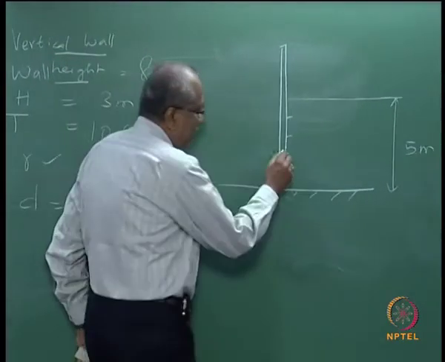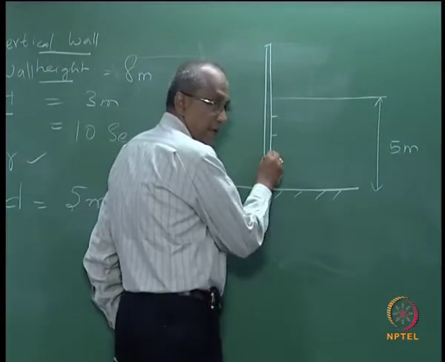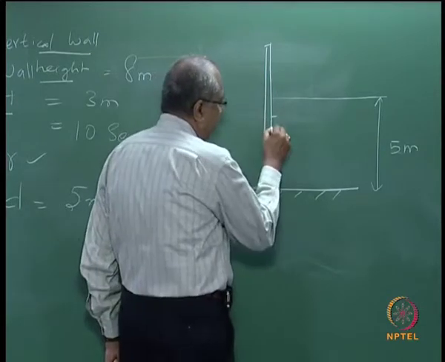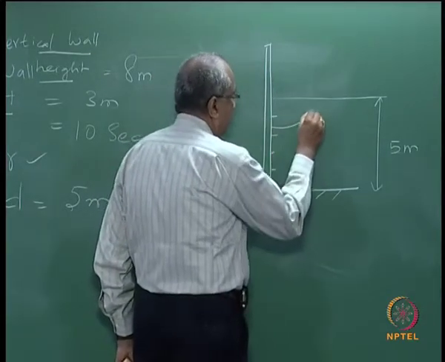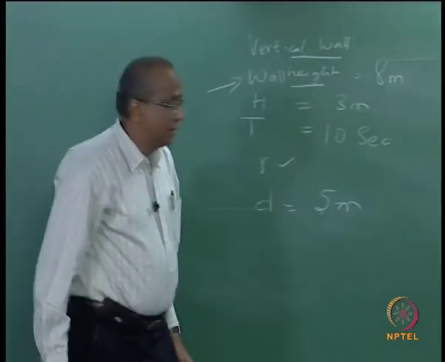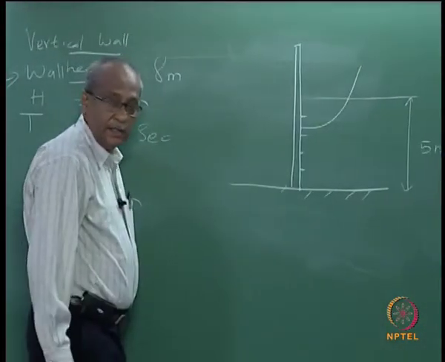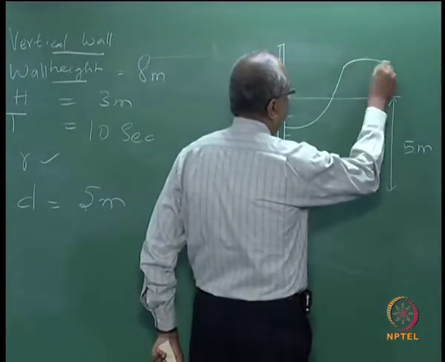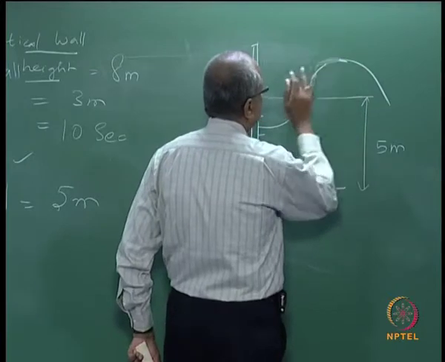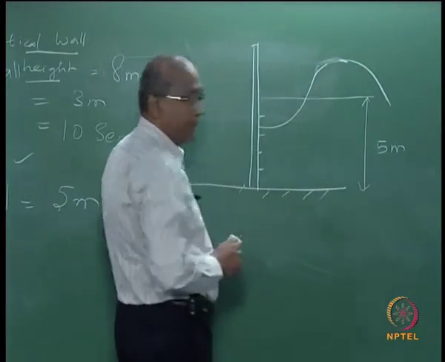Now you are going to have a wave height of 3 meters, that is, the trough can come up to this. So this is the wave height.